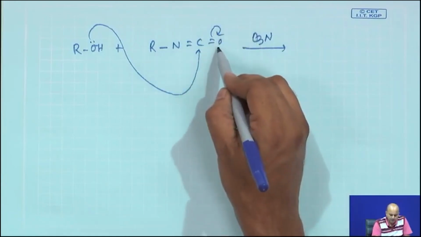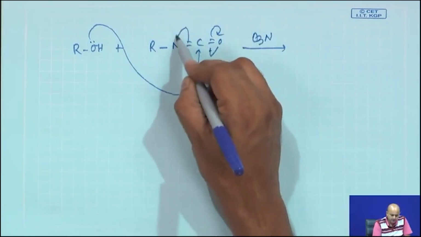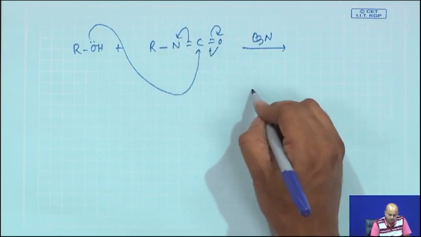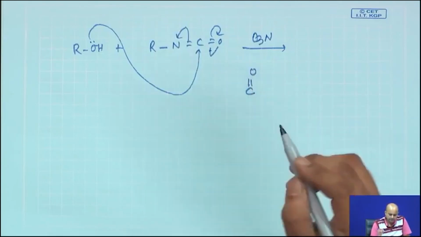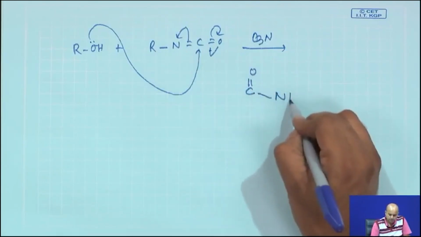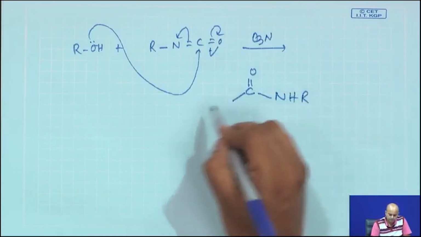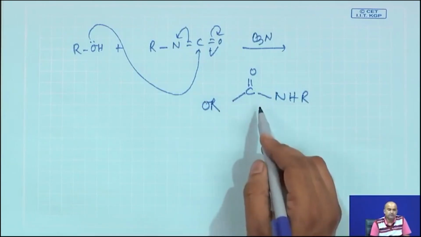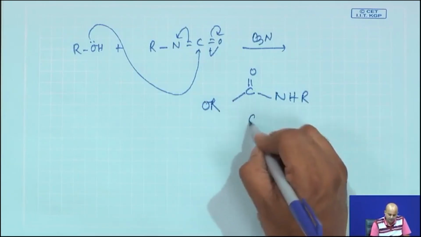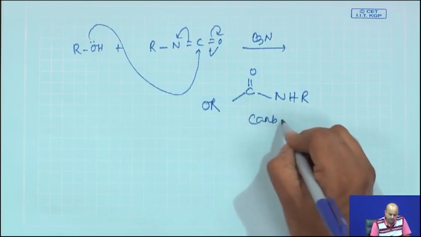Then this carbonyl collapses, and it gives these things. So basically you will now get this, which is nothing but a carbamate, it is called a carbamate derivative.